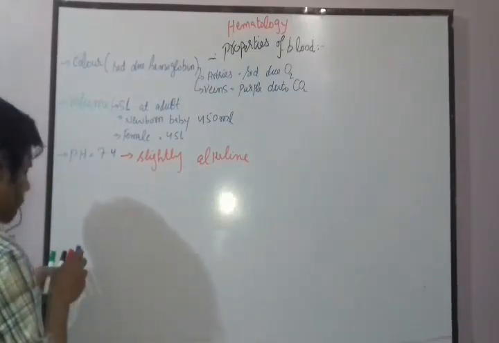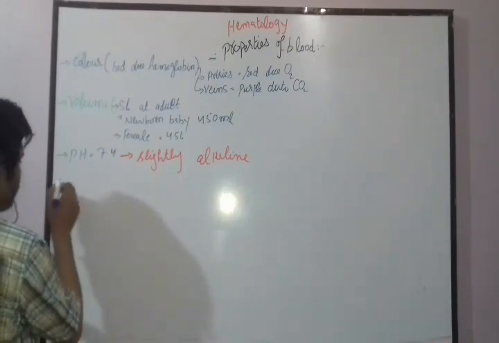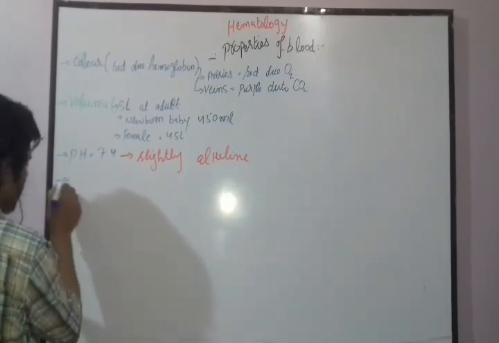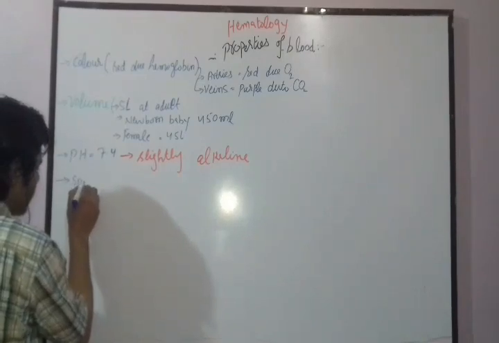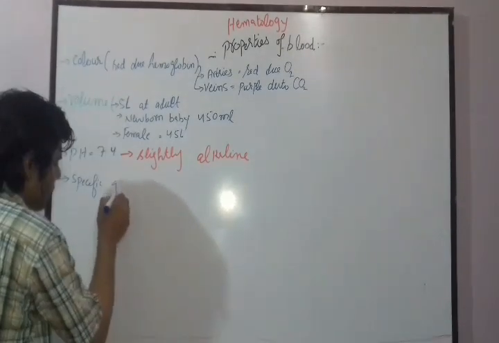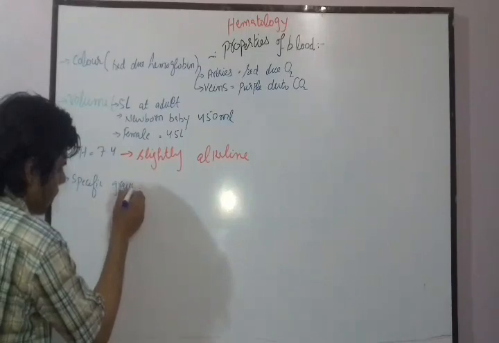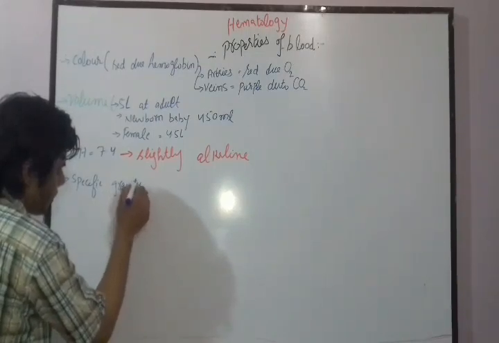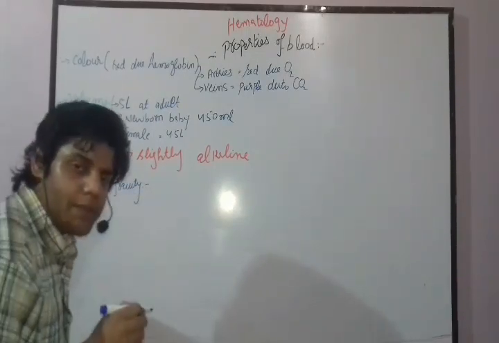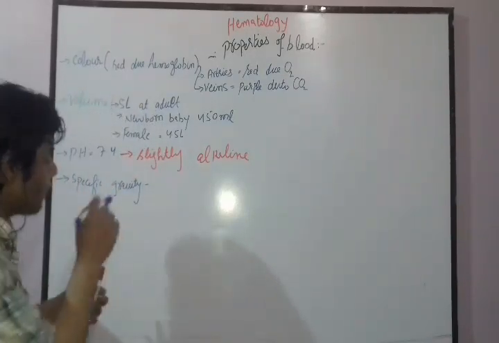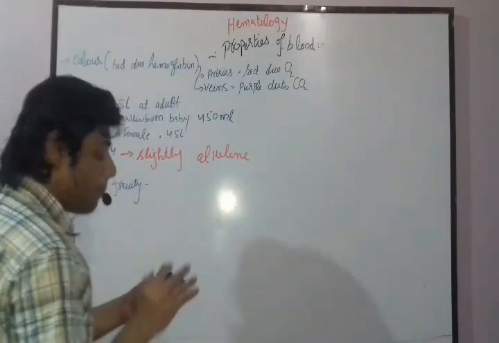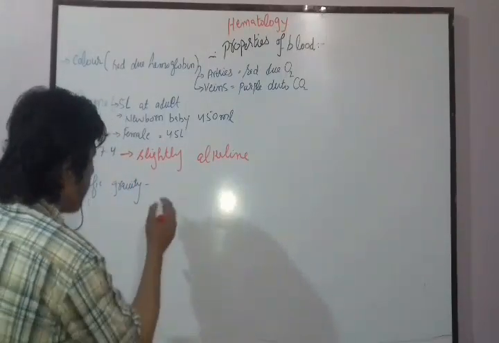Now the fourth property is about the specific gravity. Specific gravity of the blood changes.